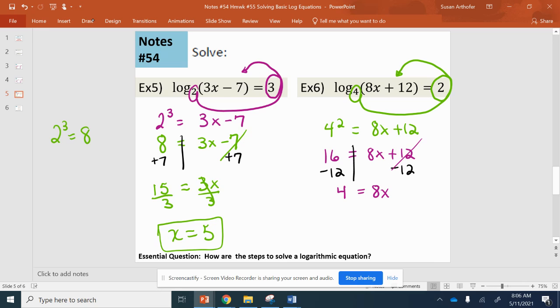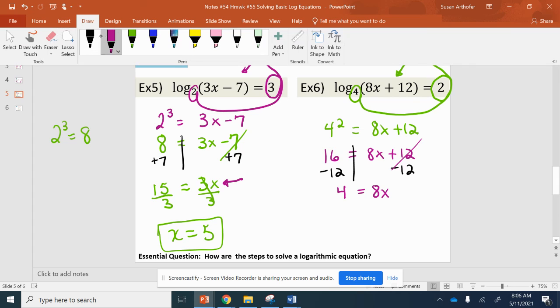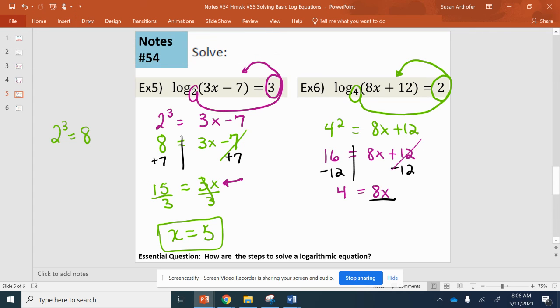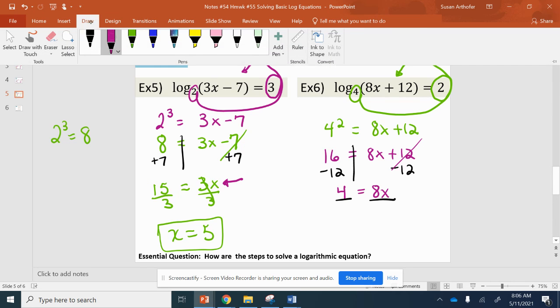Okay, the answer is not 2. Don't think the answer is 2. It's not. 8 times what gives 4? Over here, 3 times what gave 15? 5, right? So follow your rules. The answer here is not 2. I get that a lot of times from the students.